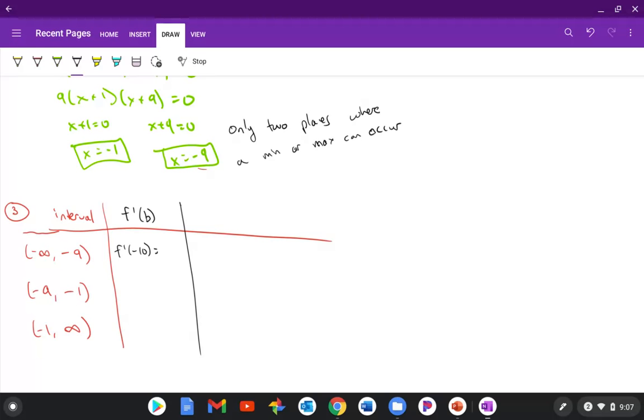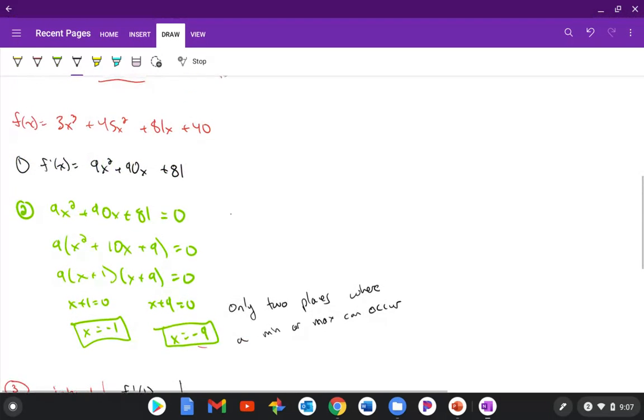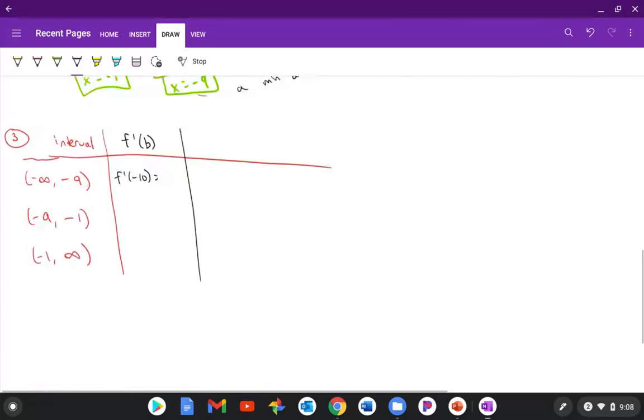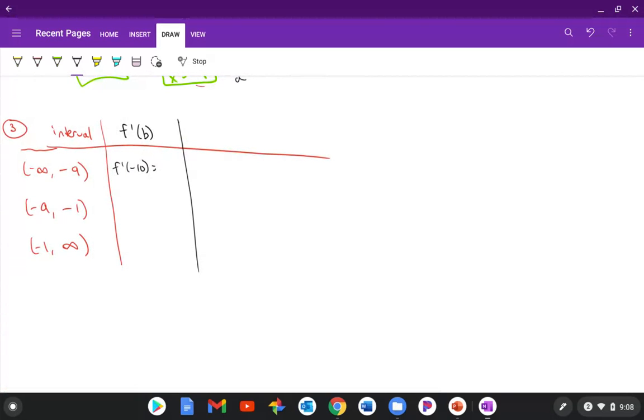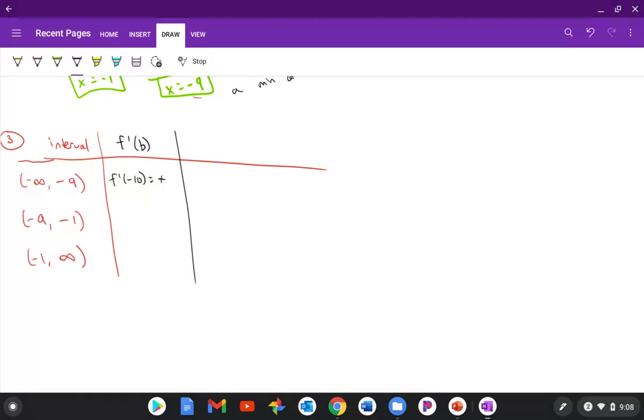So what I would advise you do is just type the derivative into your y equals. So just in the y1, make sure you're typing in the derivative, not the actual function, 9x squared plus 90x plus 81. And our table, so if we plug in -10, we get positive 81, so I'm just going to write a plus sign.